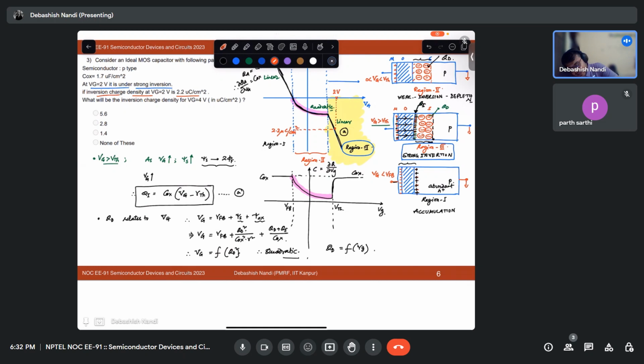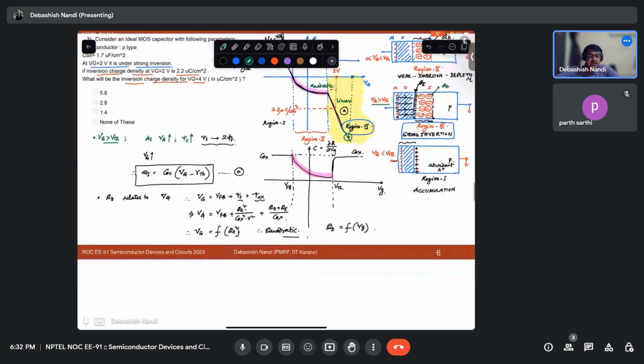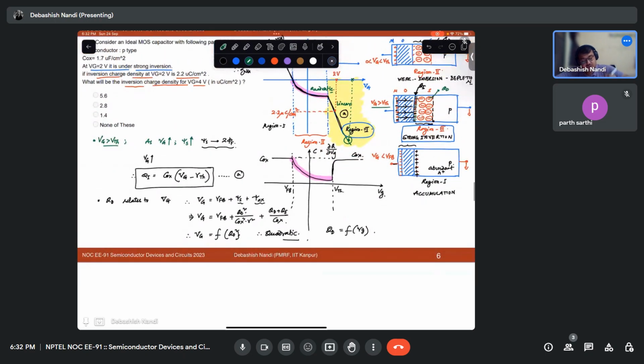And they are asking what the inversion charge density will be at Vg equal to 4 volt. That means what will this be at 4 volts? It will keep continuously growing. So they want us to find out this point's value. It is pretty simple, right? It is just a straight line. So Qi at Vg equals 4 volt will be how much?